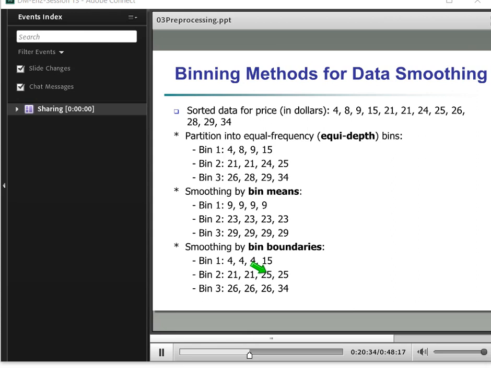Just the last item is replaced with the highest value in that bin.